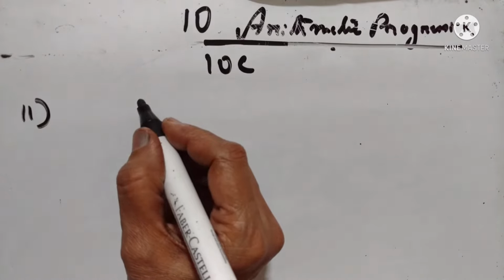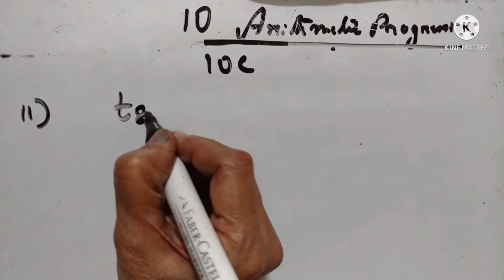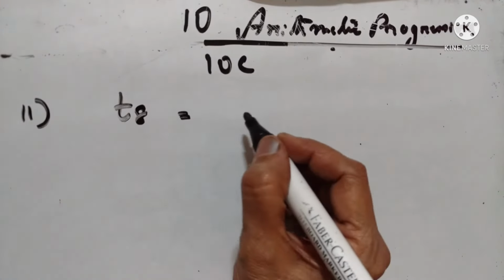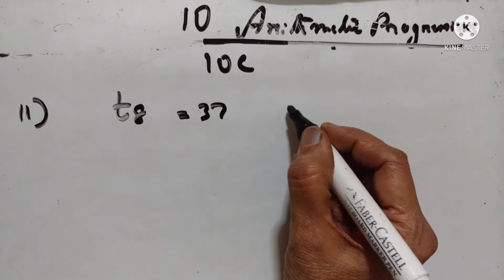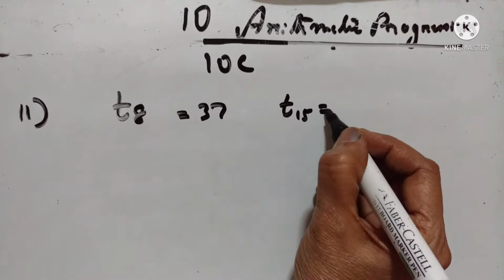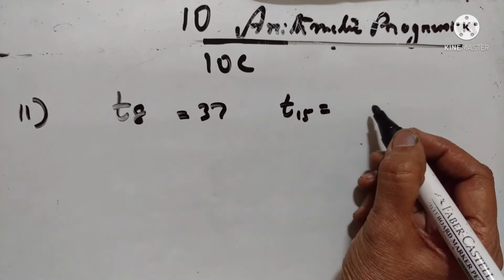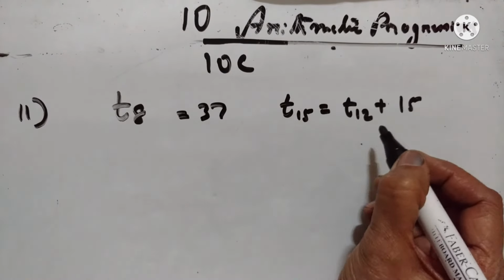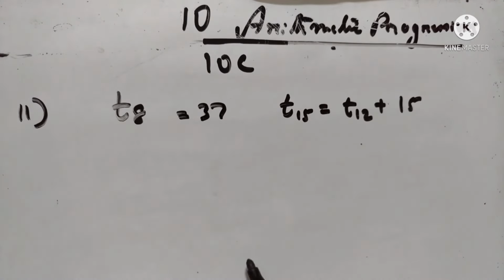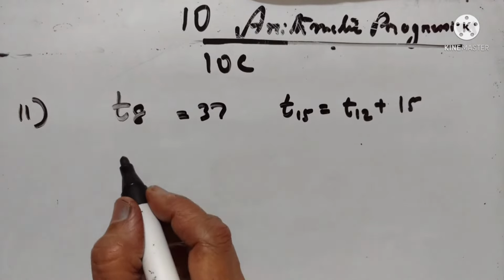If the 8th term of an AP is 37 and the 15th term is 15 more than the 12th term, find the AP. So this is equal to what?